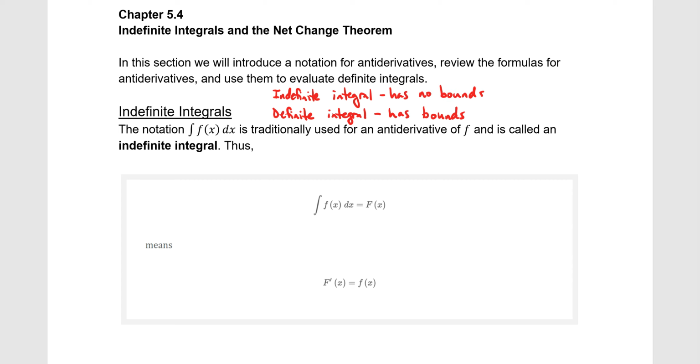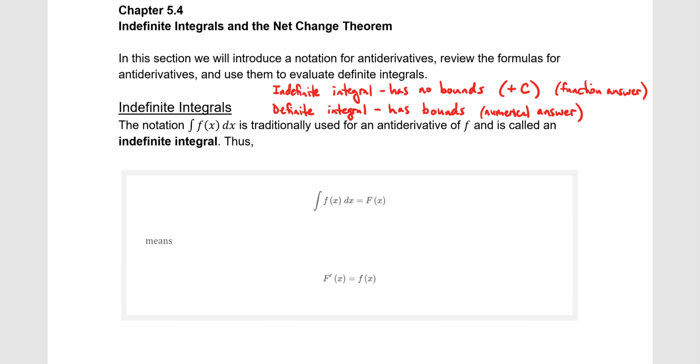An indefinite integral, as we're going to see, is going to have a plus c, and a definite integral will not have a plus c. So that means a definite integral will give us a number answer, and an indefinite integral will give us a function answer with a plus c. We're going to go over both of these, starting with indefinite integrals.